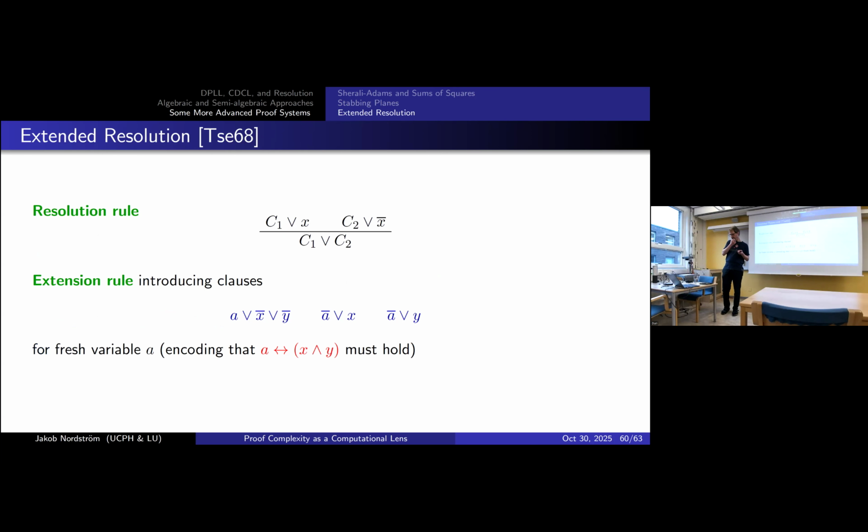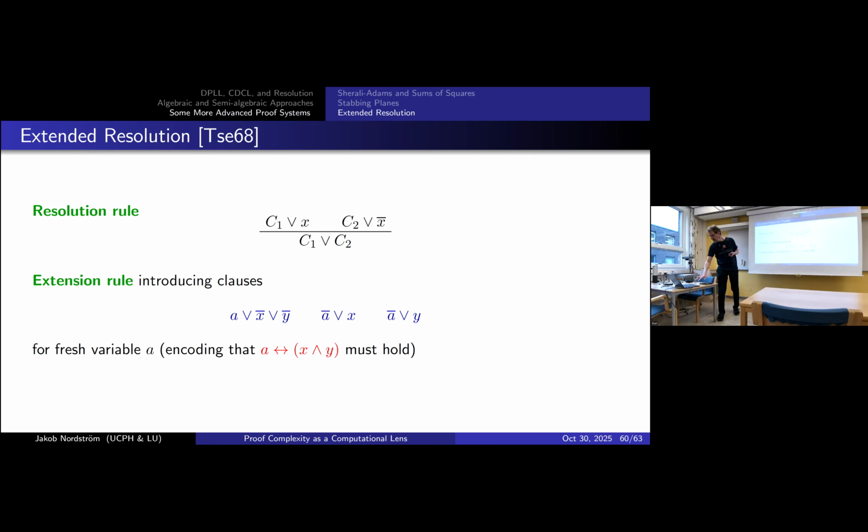But let's see. The final proof system I want to talk about, going back to resolution, going back to SAT solving. Recall that the resolution rule was just saying that from two clauses you can get the resolvent. The extension rule is a way of taking a variable A that hasn't been mentioned before, and you just introduce three clauses that define A to be exactly the truth value of X and Y. This is what these clauses mean.